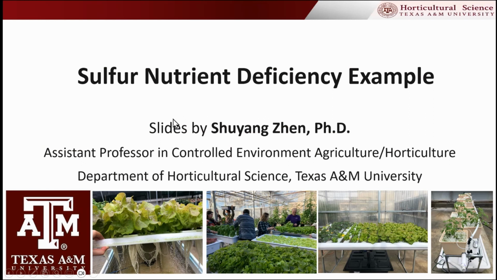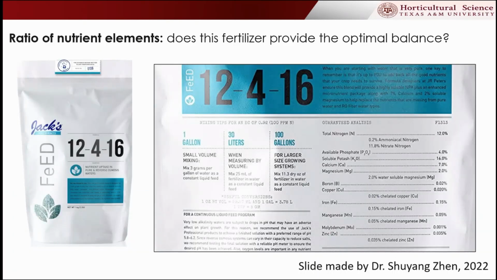Next, I want to introduce another example of sulfur nutrient deficiency. These slides were made by Dr. Shuyang Zheng. She is an assistant professor in controlled environment agriculture from the Department of Horticultural Science, Texas A&M. In this study, they wanted to learn whether the ratio of the nutrient elements that this fertilizer provides is the optimal balance.